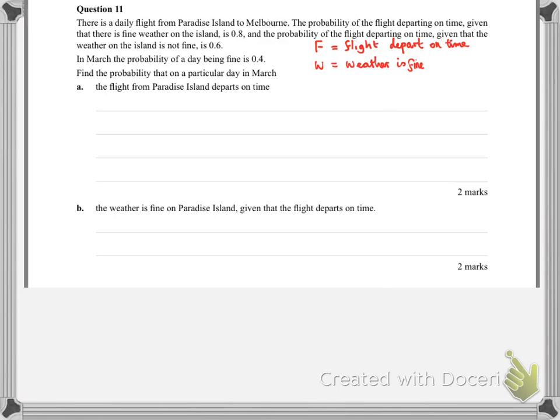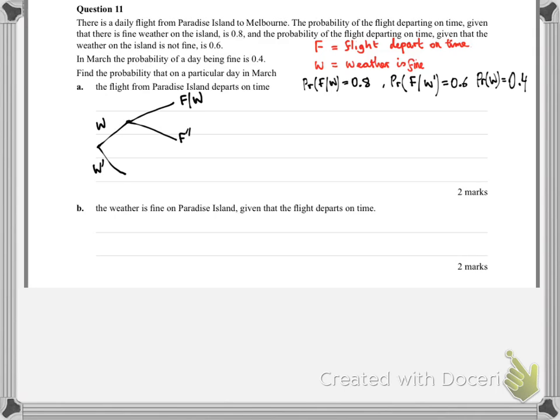Okay, now from the information we've got this one. Yep, F given W is 0.8, and we've got F given not W is 0.6. And we've also got probability that weather is fine, which is 0.4. Okay, now how do these all piece together?